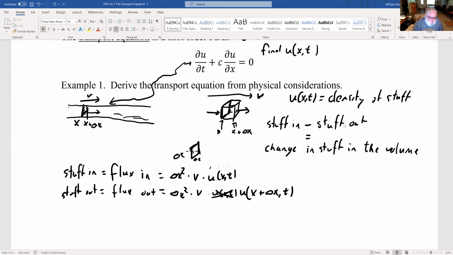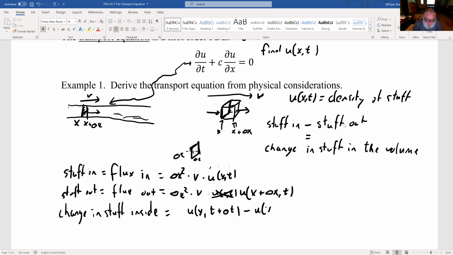Great, so finally, changing stuff inside. Well, that's going to be u of x, t plus delta t minus u of x, t, right?